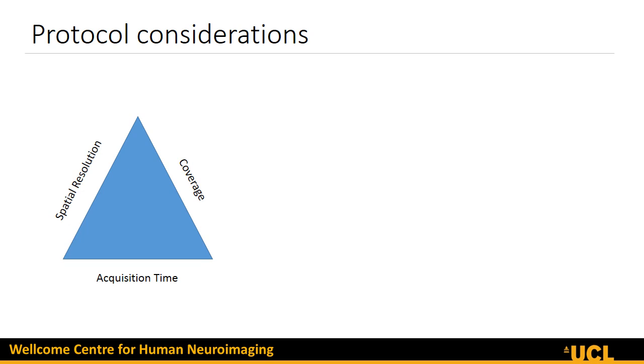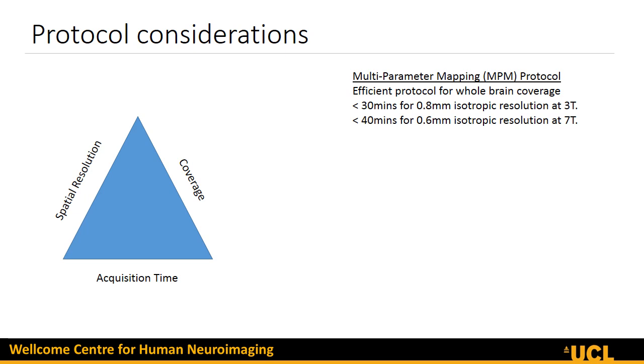We can choose to adopt acquisition schemes with high data rate, for example, multi-echo gradient echo acquisitions, in order to try and get the best of all worlds. This approach forms the basis of the multi-parameter mapping protocol, which is an efficient protocol that maps multiple physical properties of the tissue in a reasonable scan time with high isotropic resolution and whole brain coverage.